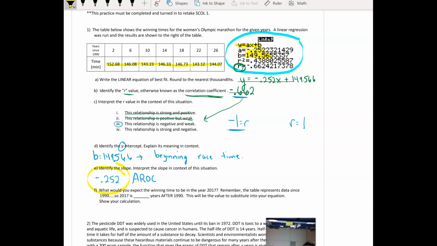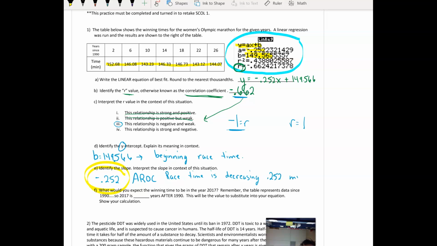What this number is doing, this negative 2.52, is telling you how fast it's changing. So the race time is decreasing. And I know it's decreasing. I can see that in the table. I can see that because the number circled is a negative number.